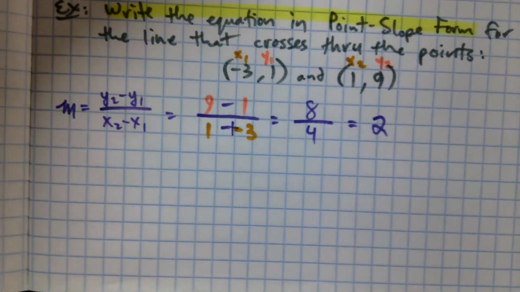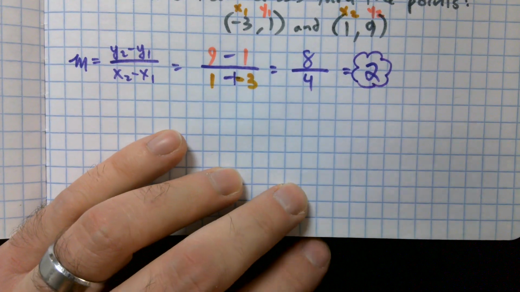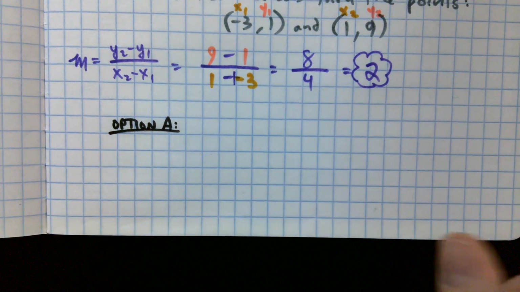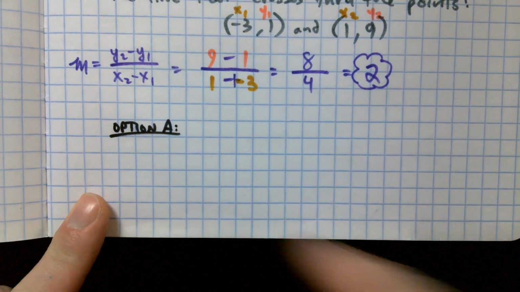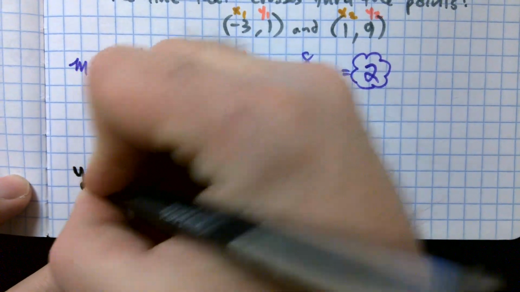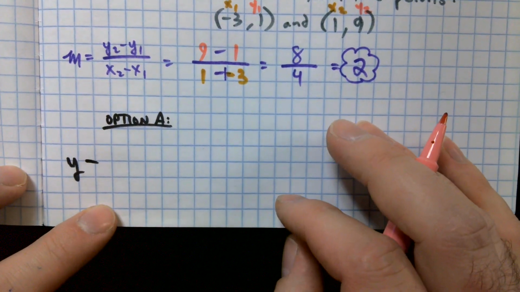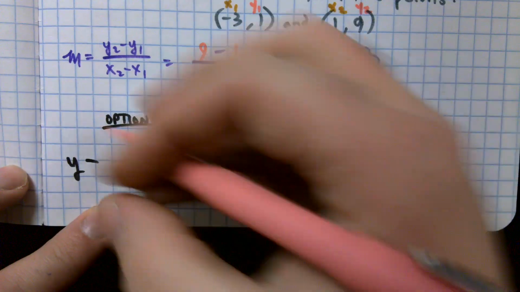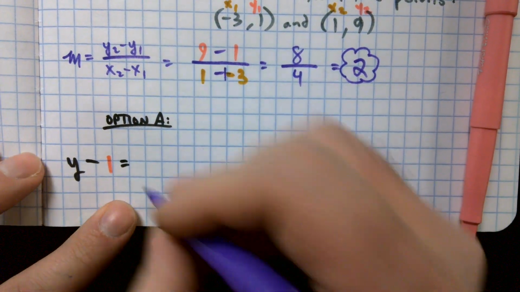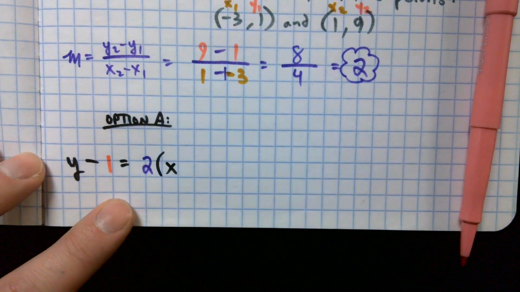Let's see what happens with them both. Okay? So I know my slope. I know my point. Here is option A. Option A, I'm going to use the very first point I'm given, negative 3, 1. And I'm going to write y minus, what's y1? I'm looking at this first point here. 1 equals, what's my m? 2 times the quantity of x minus x1.